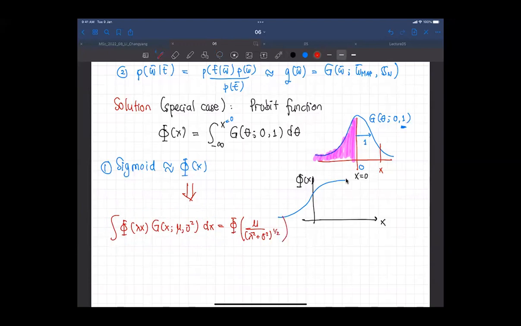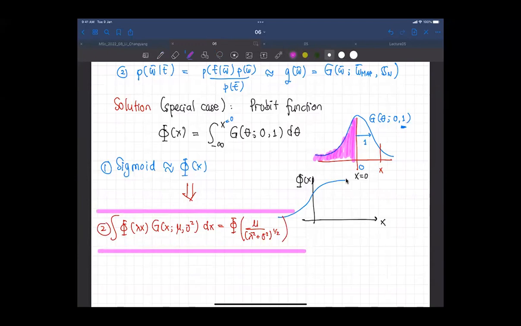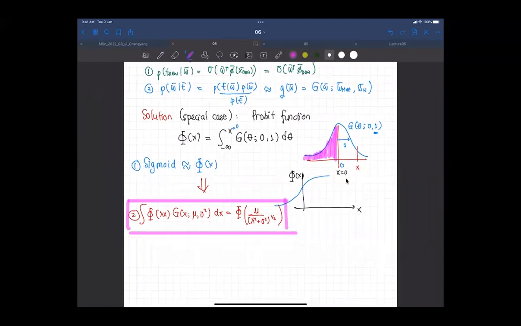This is why the probit function is useful, because the integral of a probit function multiplied by a Gaussian can give you a probit function. It means that it can solve the integration problem.